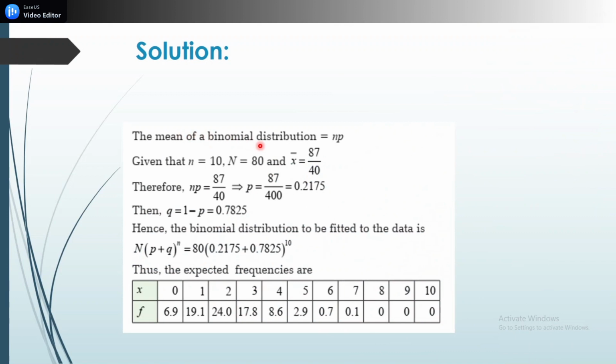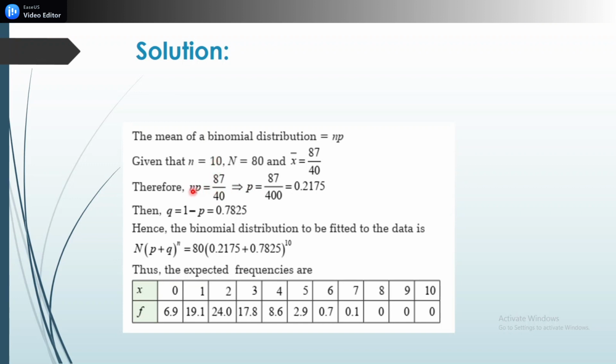The mean of a binomial distribution can be written as mu equal to n times p, the number of trials times the probability of success. Given that n is 10 trials, we have a mean of 87 over 40. To find the value of the probability of success, from this relation you can solve for p. You know n is equal to 10.